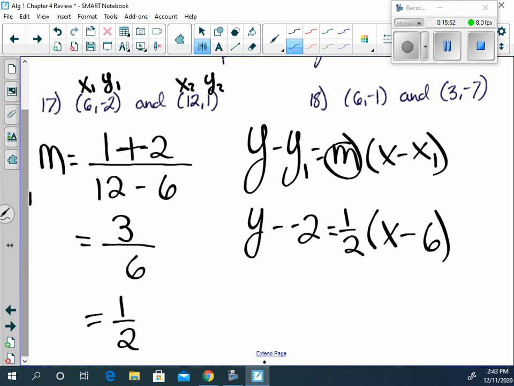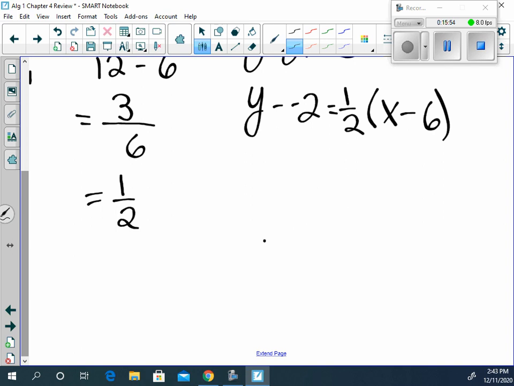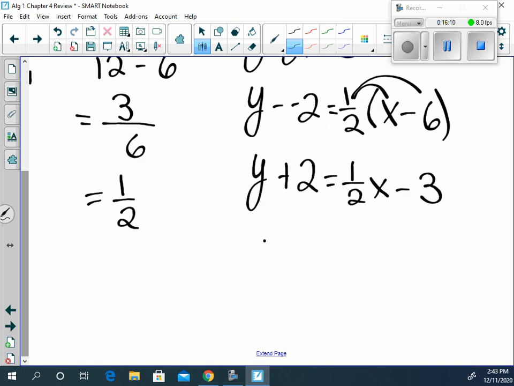Okay, now we just need to get y by itself. We need to get it y equals. Well, negative and negative would make a positive. Now we're going to distribute the 1/2. Well, 1/2 times x is going to give us 1/2 x. 1/2 times negative 6 is going to be negative 3.